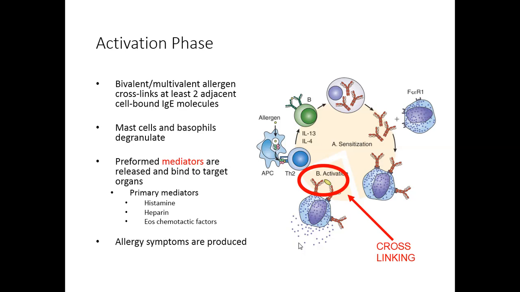The proteases. So those have all been released from the basophil or mast cell, resulting in allergic symptoms. The smooth muscle contraction, the vasodilation. We're going to see that those are going to have an effect in causing swelling and redness at the site. So this release of those primary mediators is what happens during the activation phase.